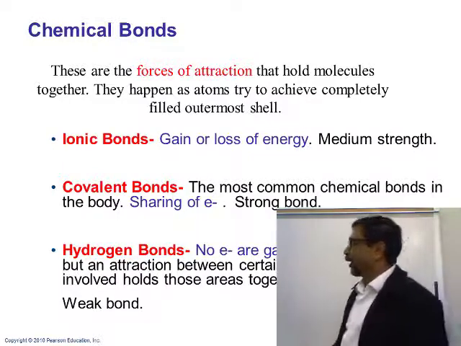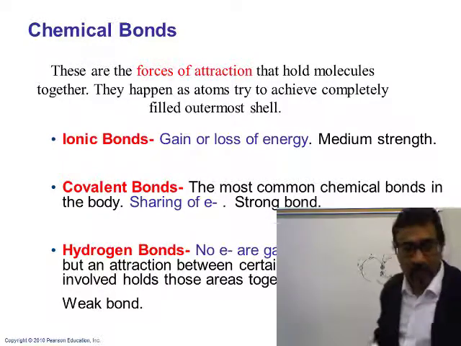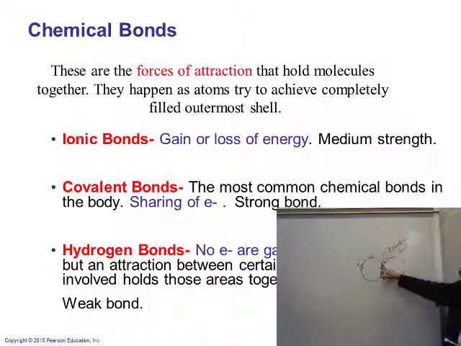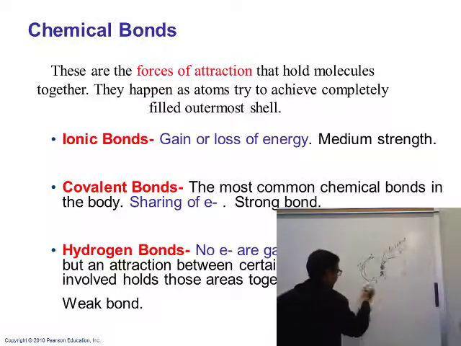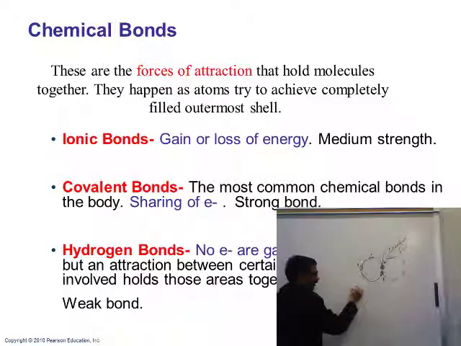Okay. Now, how many pairs of electrons are being shared? That is indicated by the lines. For example, sometimes you see in the chemical formula, we write like this.